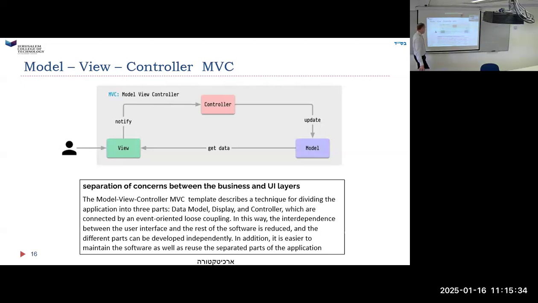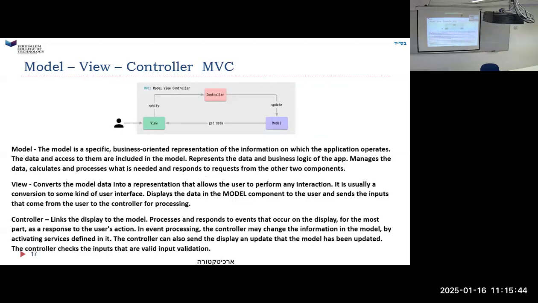In addition, it is easier to maintain software as well as to reuse the separate parts of the application. I could use the same view on a different program, perhaps. So the model is a representation of the information which the application operates on. The data and access to it are included in the model.